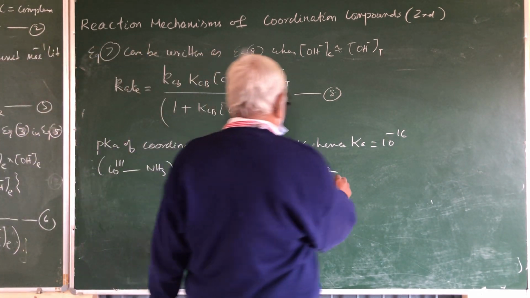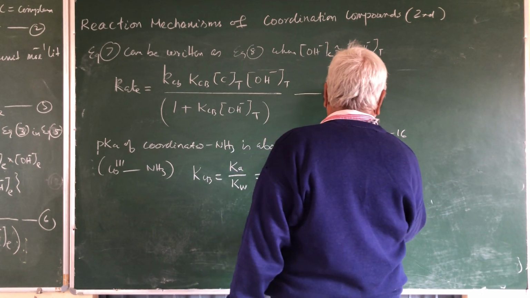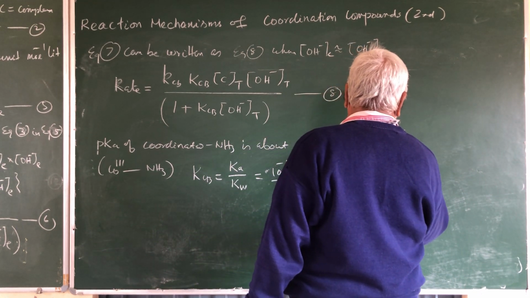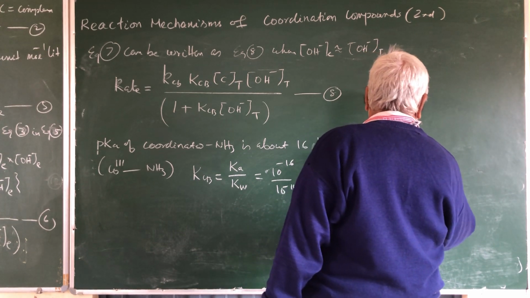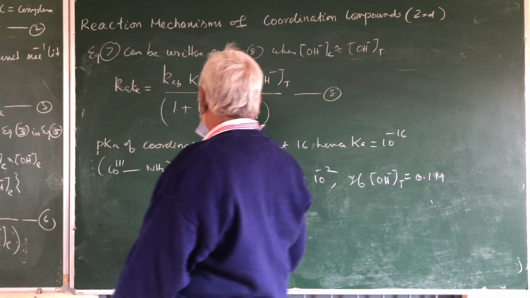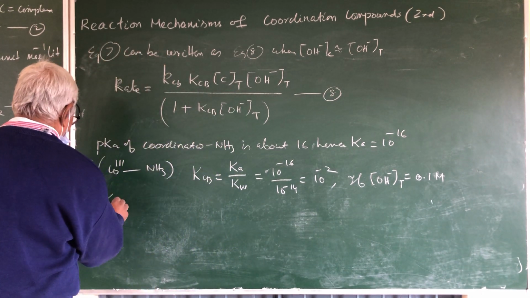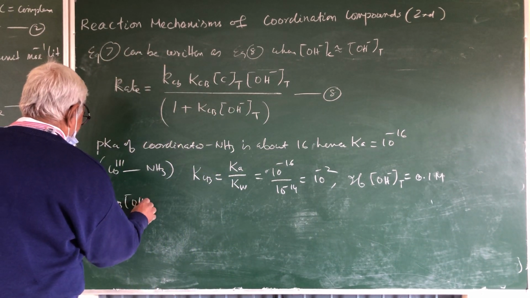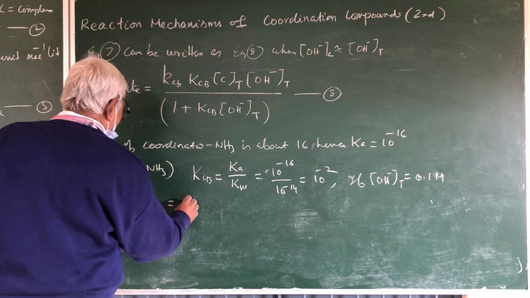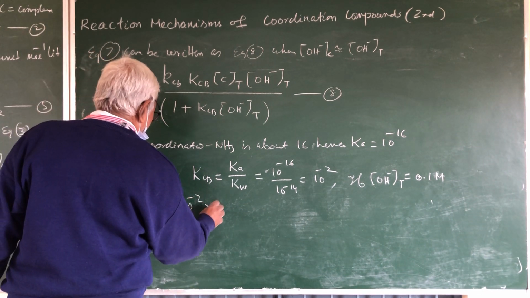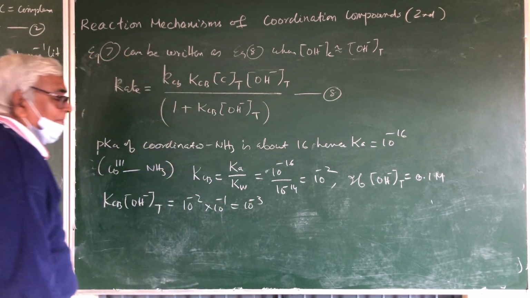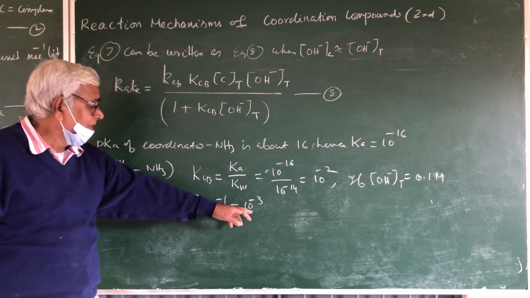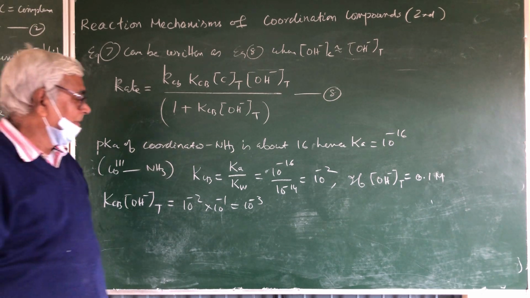If hydroxide ion concentration is 0.1 molar, then Kcb into hydroxide ion total will be 10 to the power minus 2 into 10 to the power minus 1. That is 10 to the power minus 3. 10 to the power minus 3 is much smaller than 1.